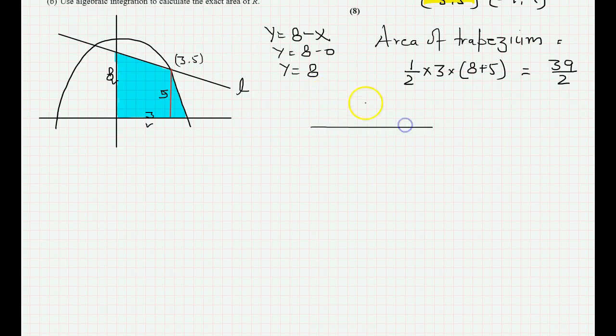So if we check it, we have got this area, so this area is 39 over 2. This point is 3, this length is 8, this one is 5. Now we have to calculate the area of this portion only.